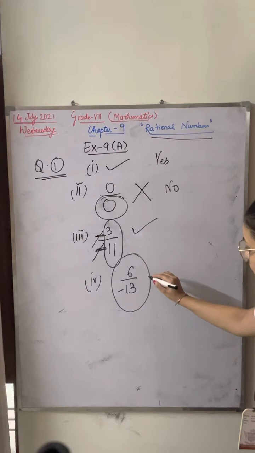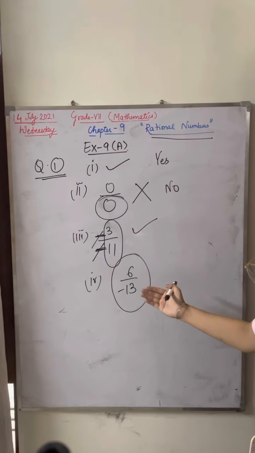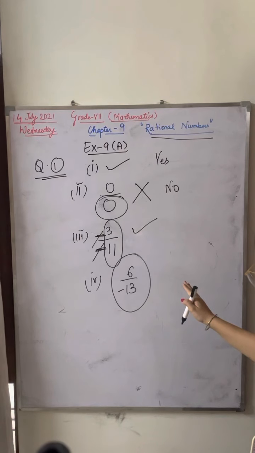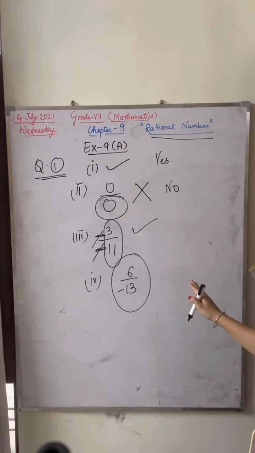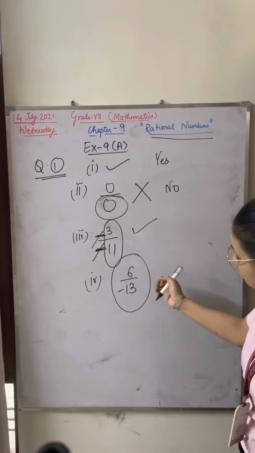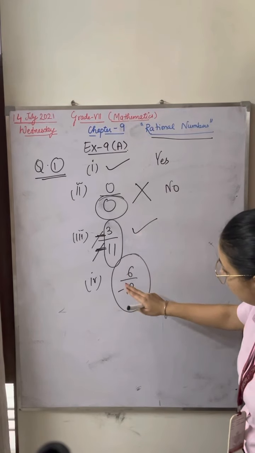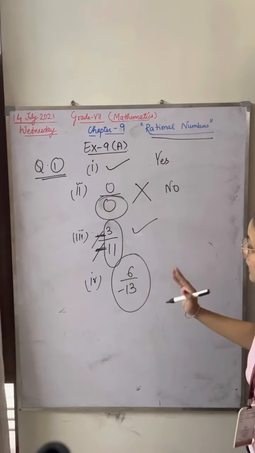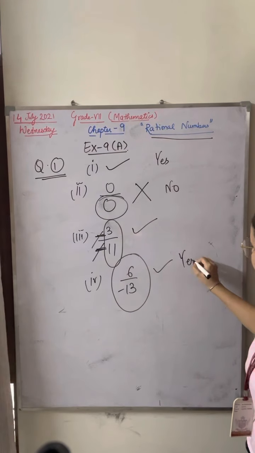Yes, it is a rational number. Now please tell me which rational number it is, negative or positive? Arshia, Akshit, very good. Mavish, correct. Garmeta, correct. Anshika, very good. Saloni, right. If either the numerator or the denominator is negative, it will be negative. So yes, this is a rational number.